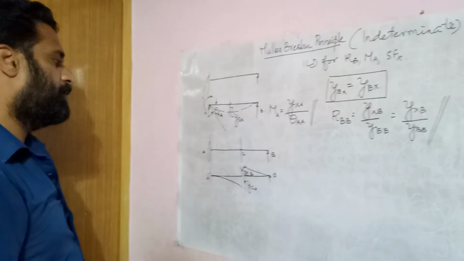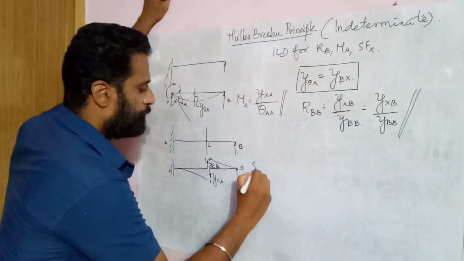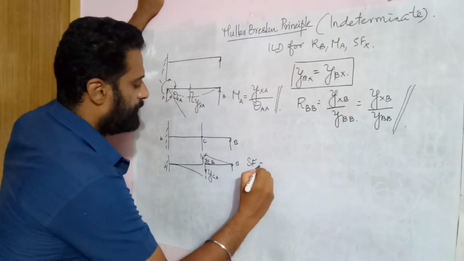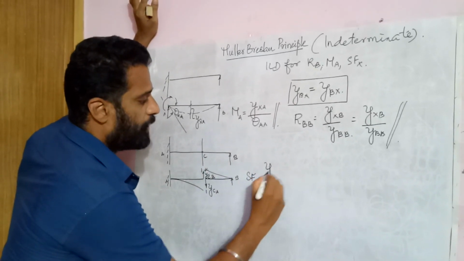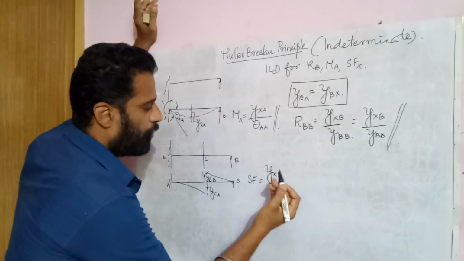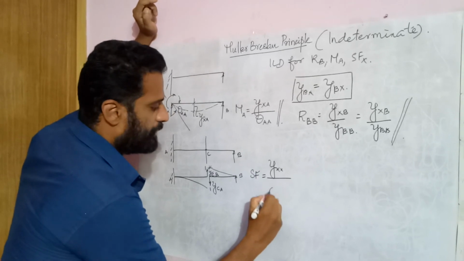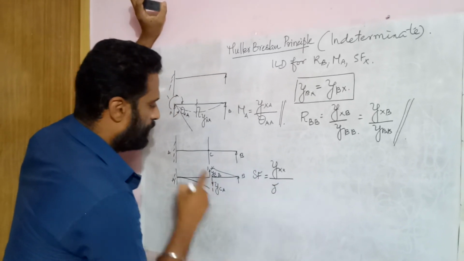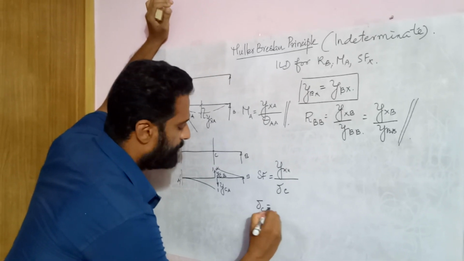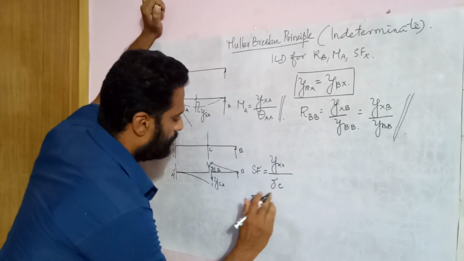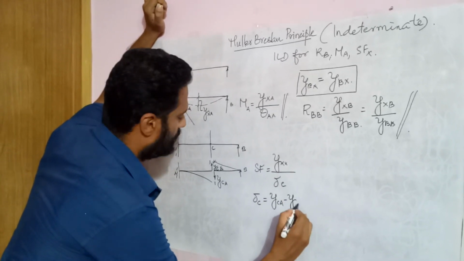So that is the point. The shear force may be written as the deflection at X, YXB or YXA, due to the unit load, divided by delta C. This delta C may be written as YCA minus YCB.